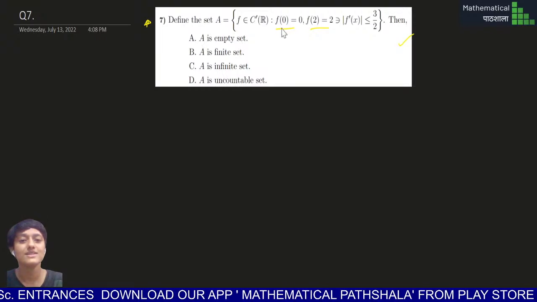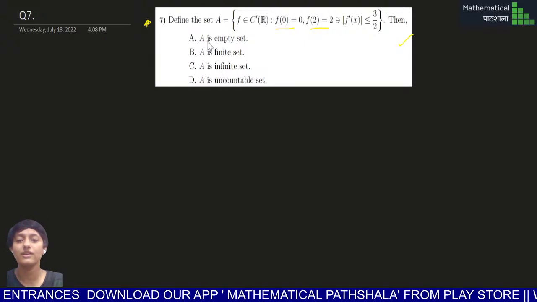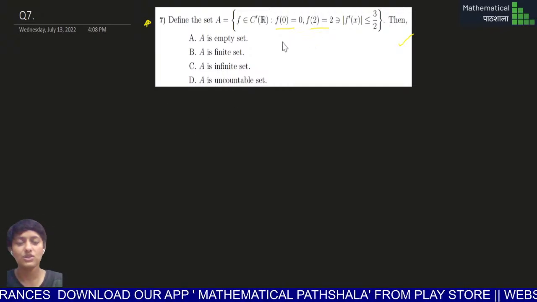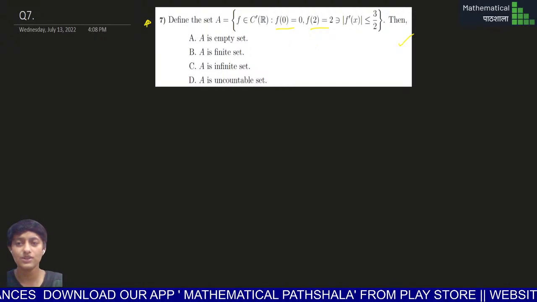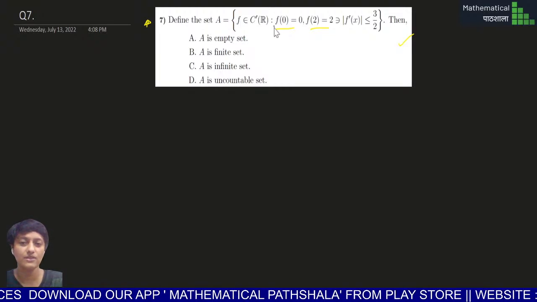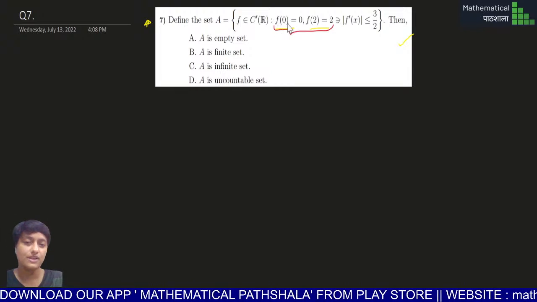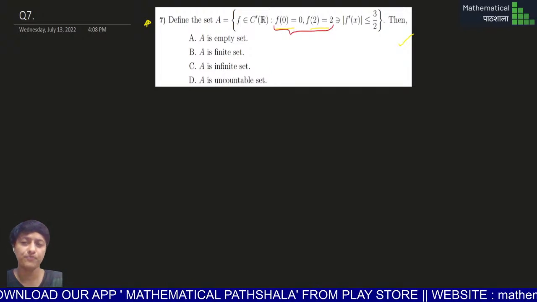So this is the set A. We have to find if A is empty, finite, infinite, or uncountable. To start this question, first of all, we will mark this point. It is given that f(0) is 0 and f(2) is 2.